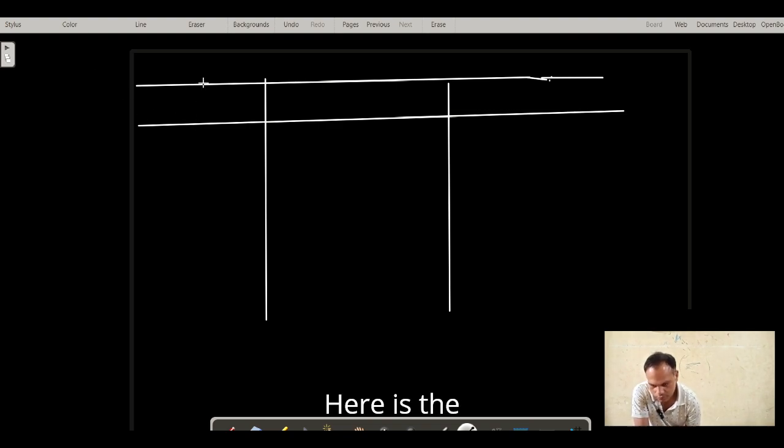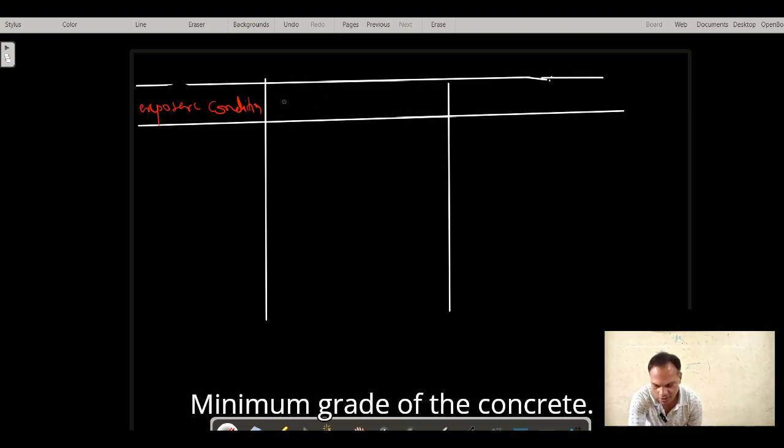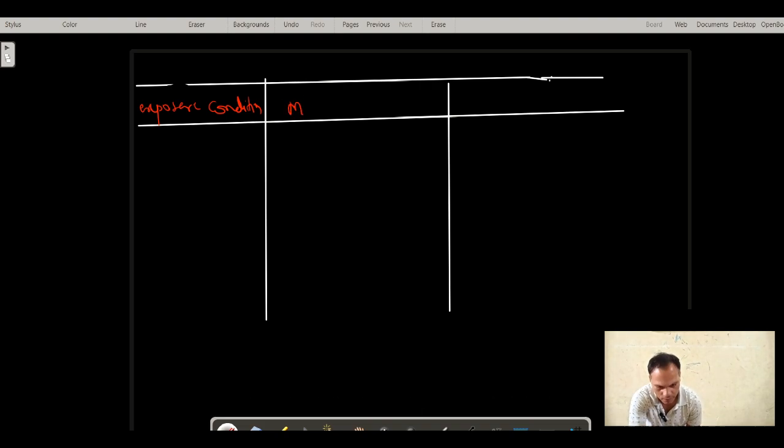Here is the exposure condition. Minimum grade of the concrete.